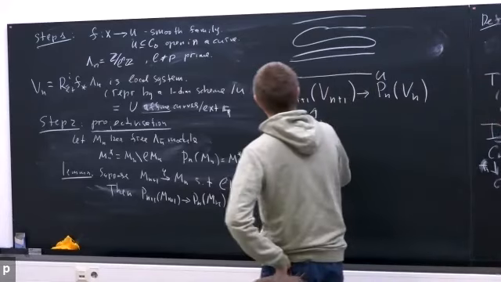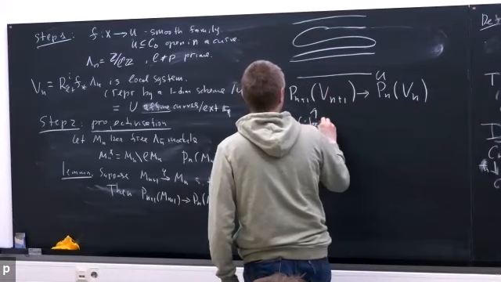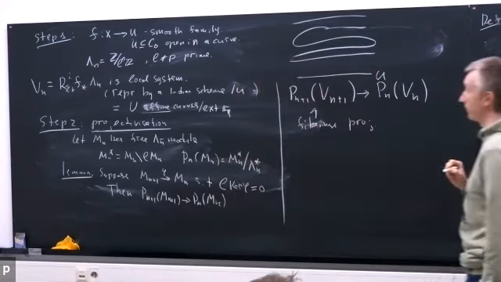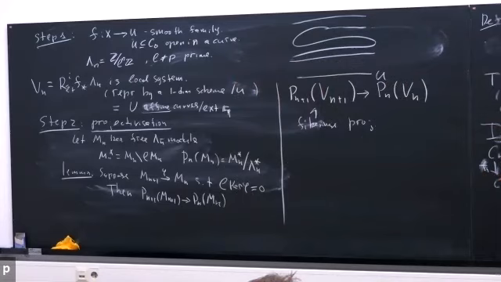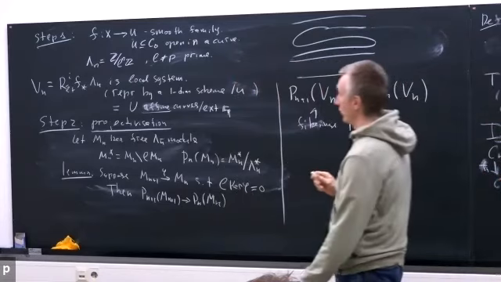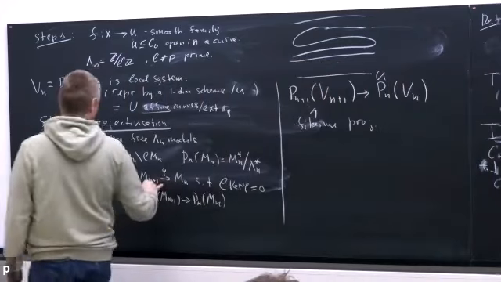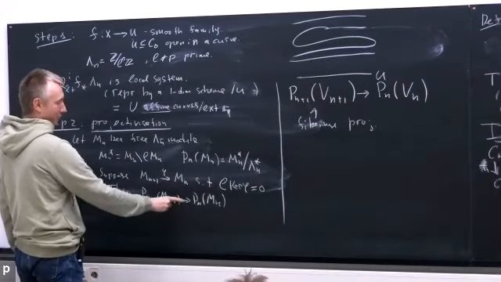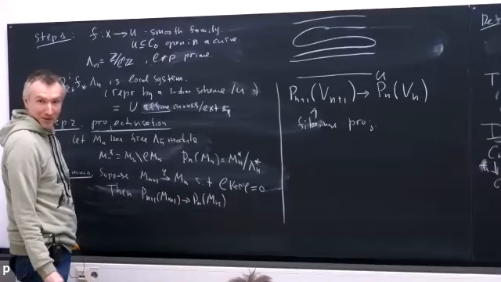This is fiber-wise projectivization. I don't understand. What is the statement of the lemma? Well, in general, if you have such a morphism between modules, there is no morphism on the level of projectivizations.